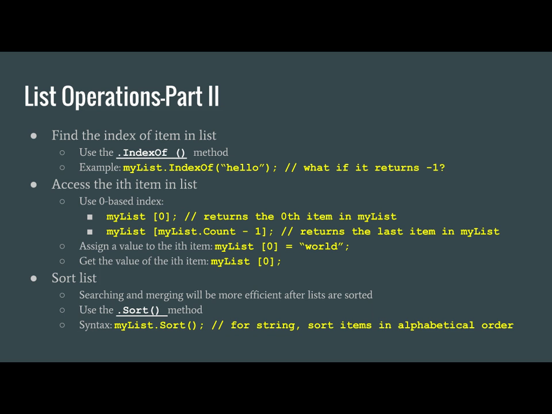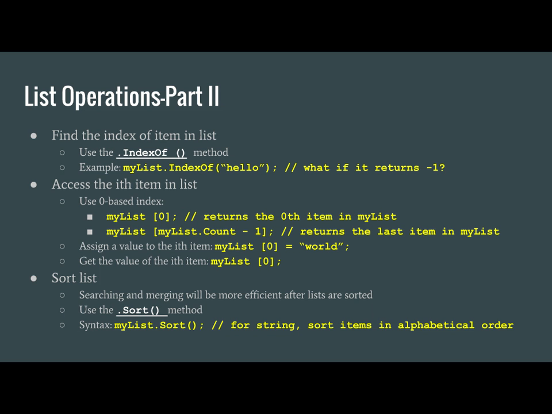However, if it's sorted before you try to find the index, it can be very fast. It's just to give you a little idea of how sorting can be a big factor in program efficiency.